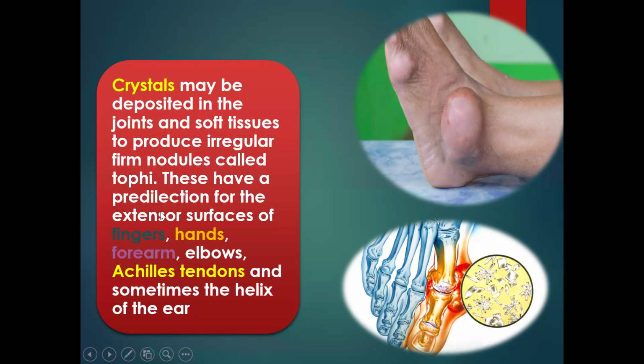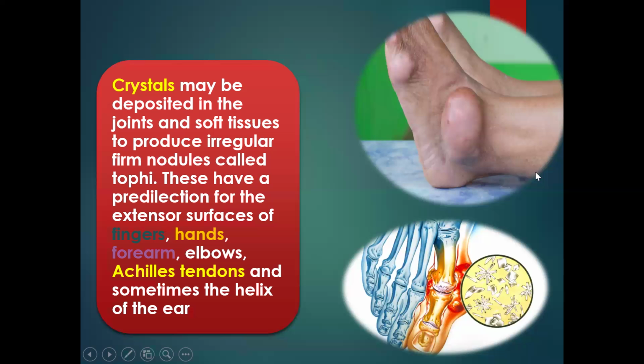These have a predilection for the external surfaces of the fingers. You can also find them depositing in the joints of the patient's fingers, the interphalangeal joints. Then another is the hands, forearms, and elbows. Then you can also find this deposited at the Achilles tendon.